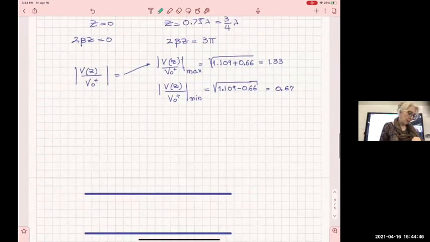How much in this case is the Vmax over Vmin? I can find it. Vmax is 1.33, Vmin is 0.67.